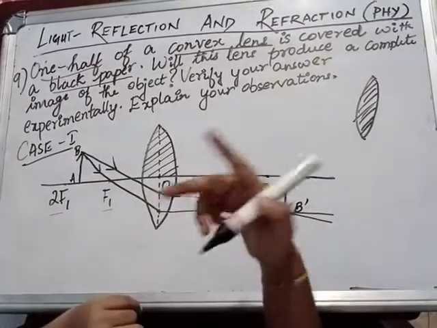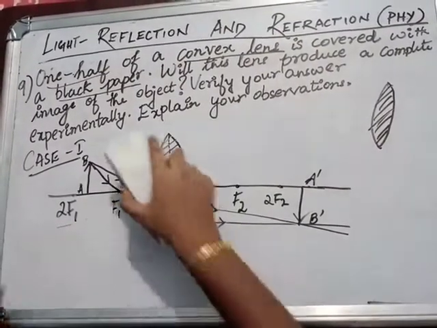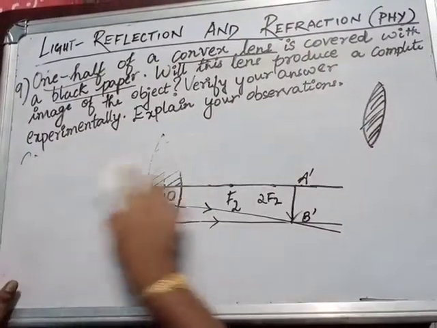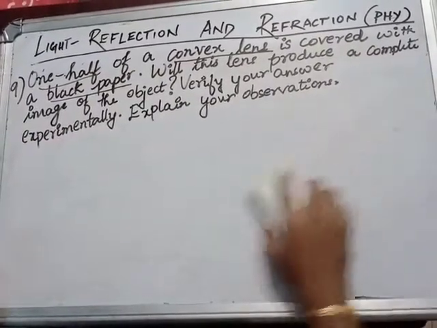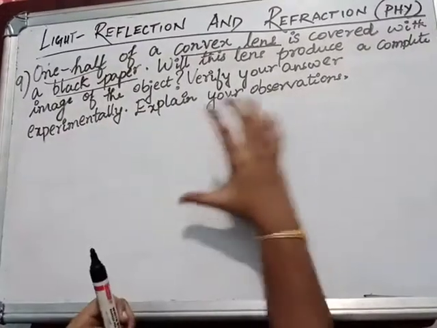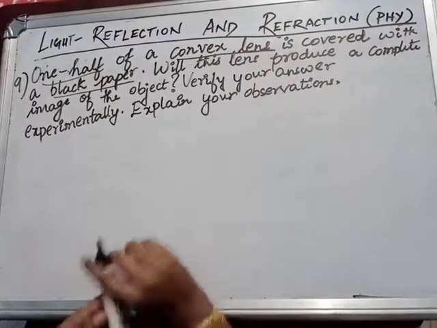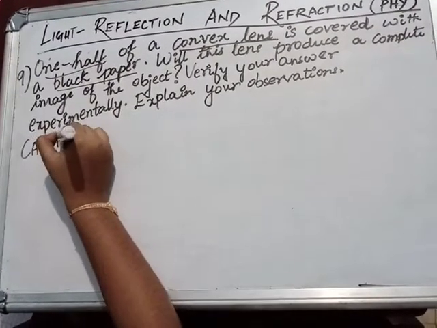Alright, now we take case 2. In case 2, what we will be doing is that in case 1, we covered the upper part of the lens. In case 2, we will be covering the down part of the lens. See, after drawing the ray diagrams, just write your observations, okay? Don't leave it as such. Case 2.